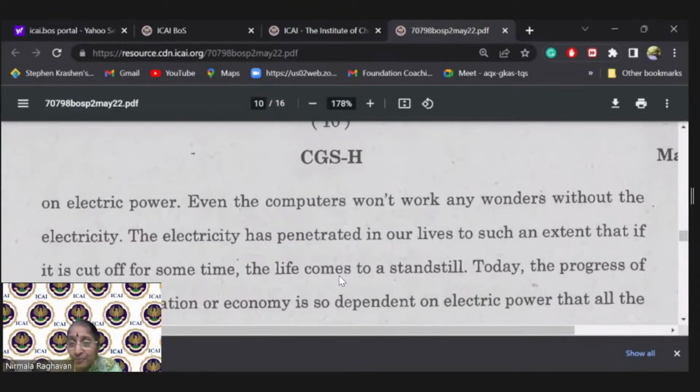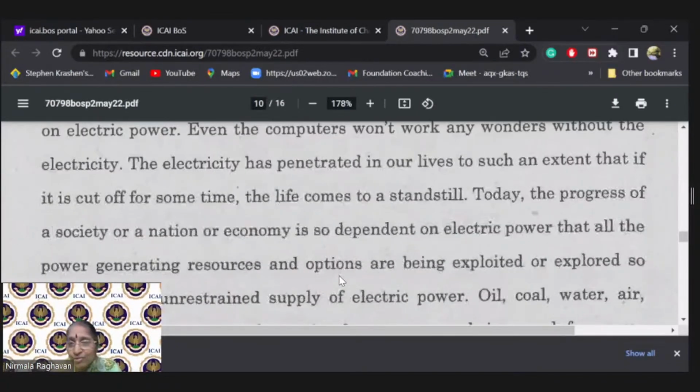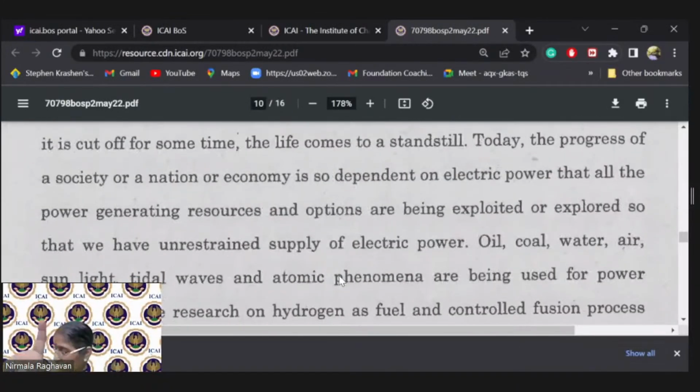Electricity has penetrated our life, gone into our systems, into our lives to such an extent that if it is cut off for some time, life comes to a standstill. If power goes off, we are just nowhere.